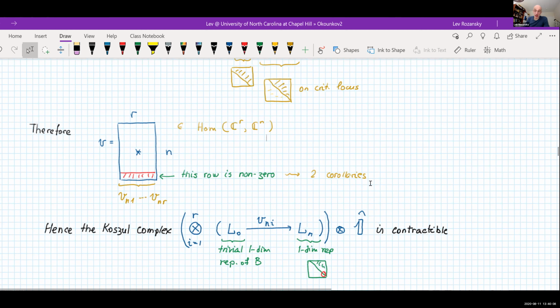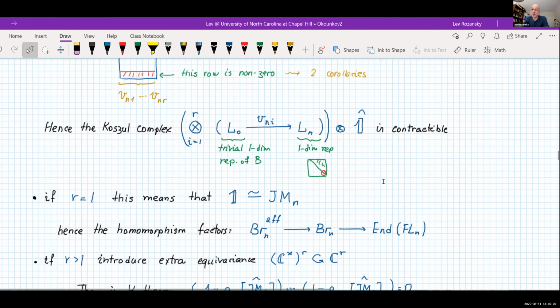So you take tensor product, and since it's a standard argument, since one of these V's must be non-zero, always, it means that this complex is contractible. So if R is equal to 1, if we're in the Hilbert scheme realm, if we're talking about U1 instantons, this means that L0 is homotopic to Ln, because they form a contractible cone. So you get this.